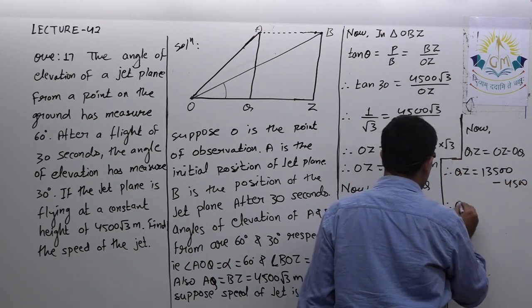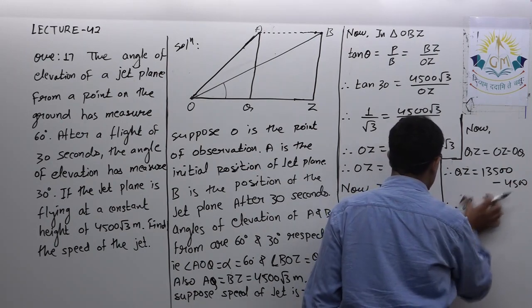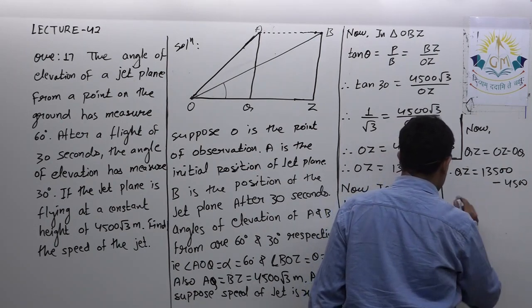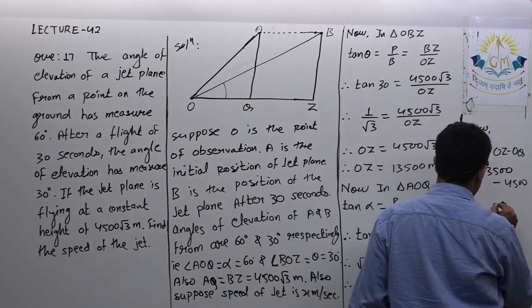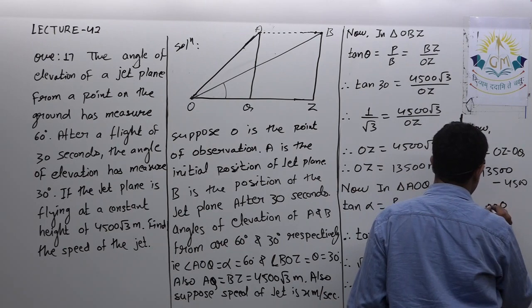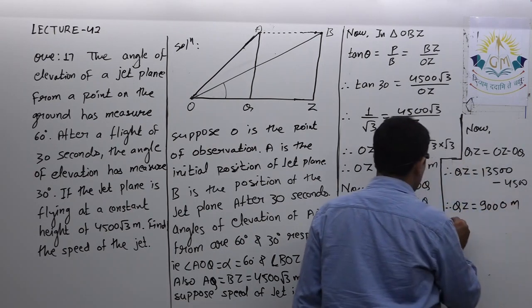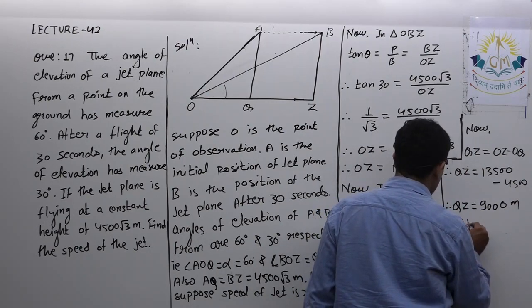So here I will get the length of QZ. QZ is equal to 9000 meter. Therefore AB is equal to 9000 meter.